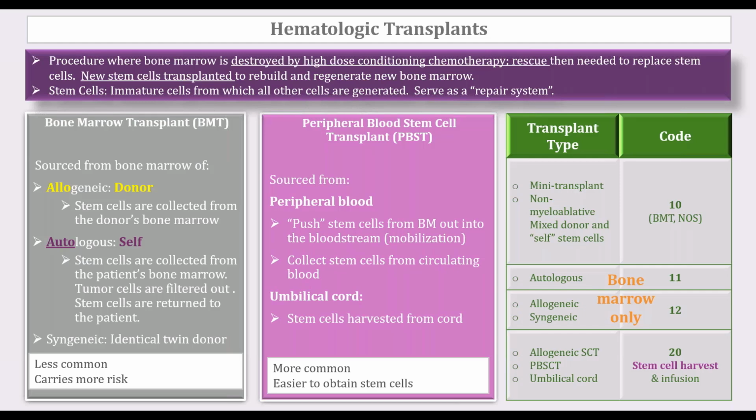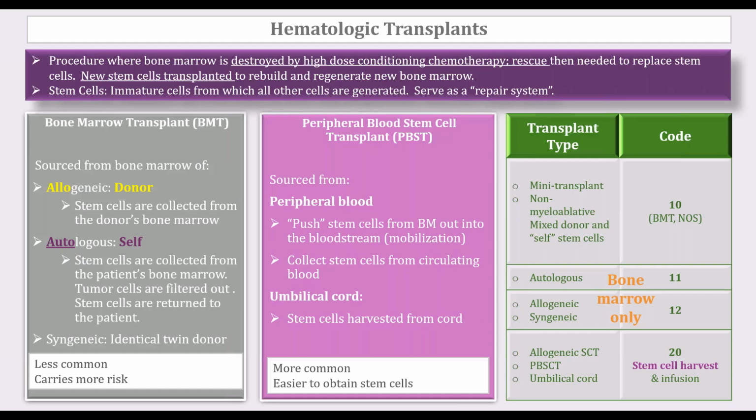A peripheral blood stem cell transplant, or the PBST for short, sources the stem cells from the peripheral blood of either the patient or a donor. Here, the stem cells are pushed out of the bone marrow into the peripheral blood through what's called mobilization. So look for that term, mobilization, and that's where stem cells are retrieved.